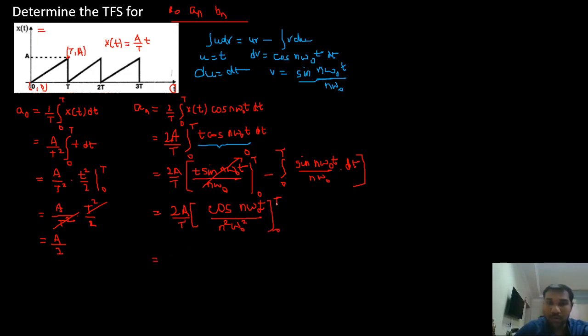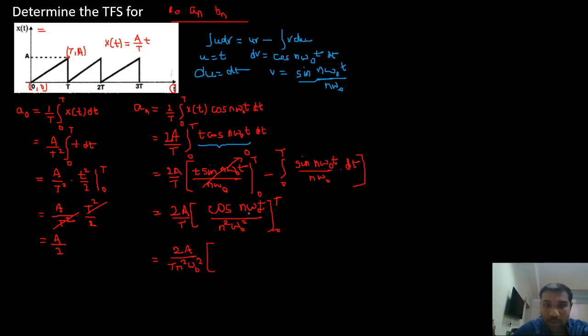So if I put T here, again I have cos n 2 pi. So 2A by T n square omega naught square.